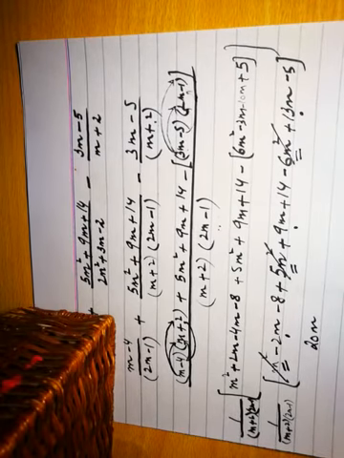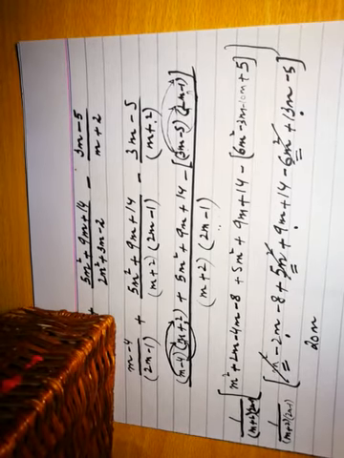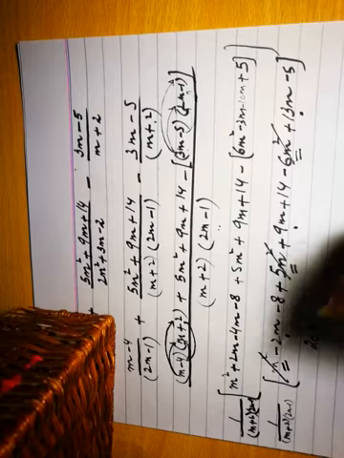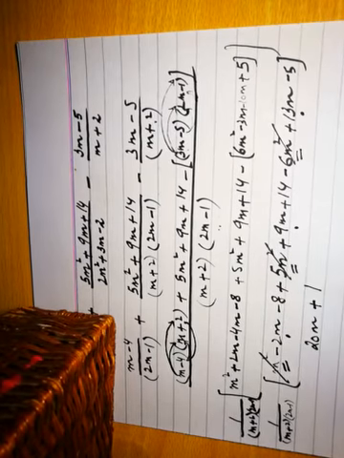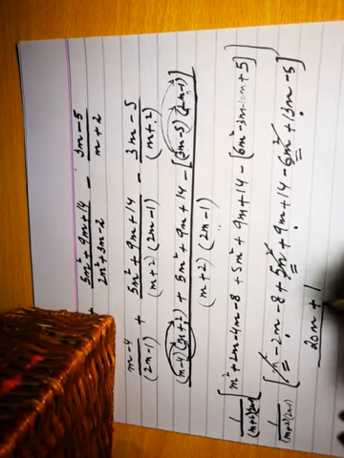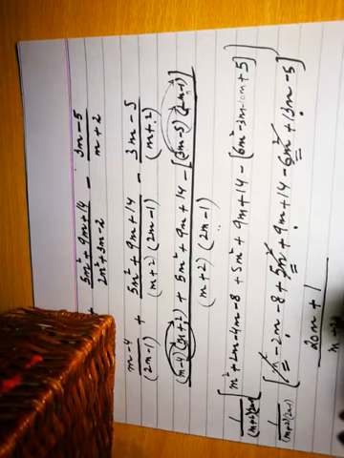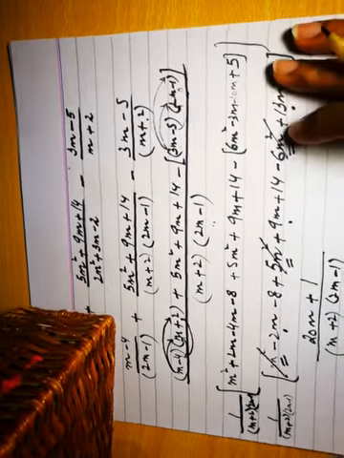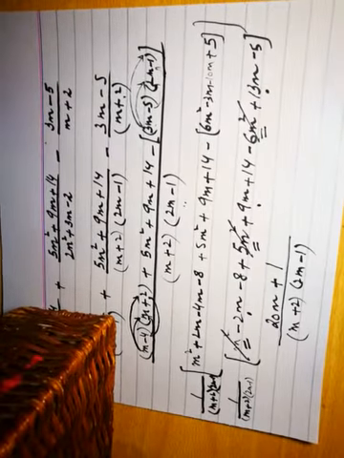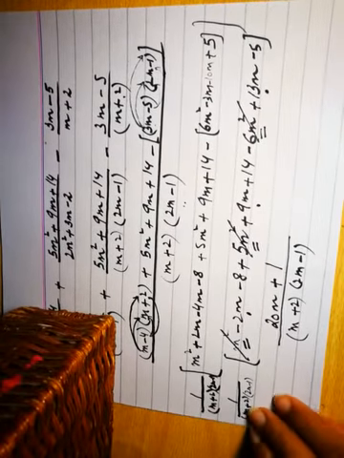This is minus 8. Plus 14 minus 8 minus 5 will give me plus 1. So I'm going to write plus 1 there. And in the denominator, I am having m plus 2 and 2m minus 1. This is the final answer. Got it?